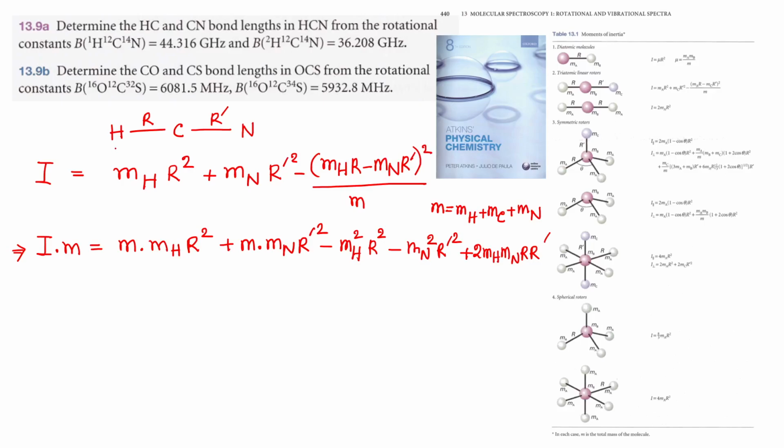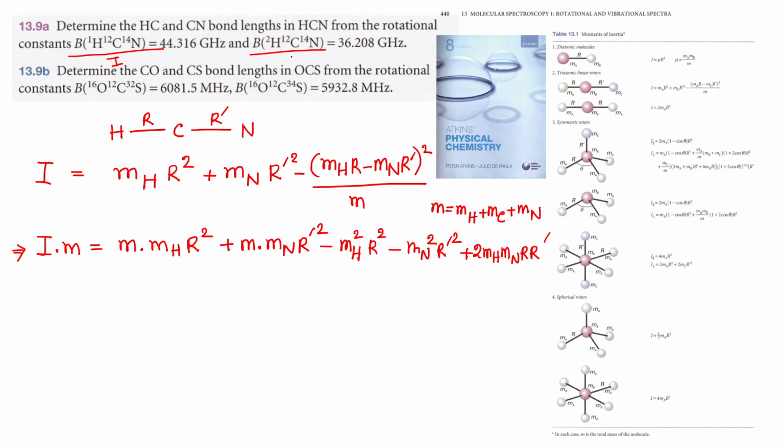So what is given? Given is the rotational constant of two of the isotopes. So suppose for the first case, we are going to get a moment of inertia I. And what do you think?